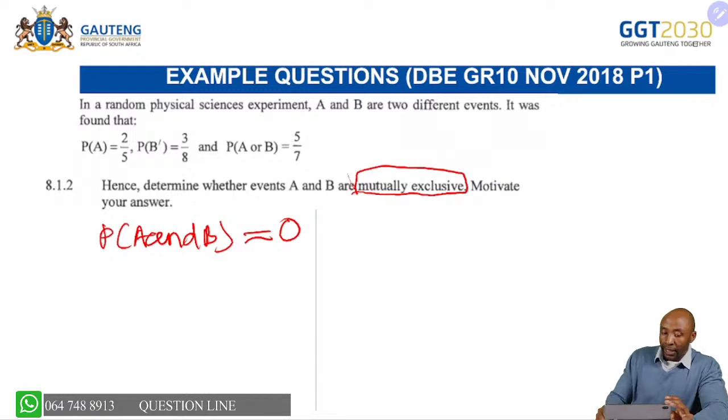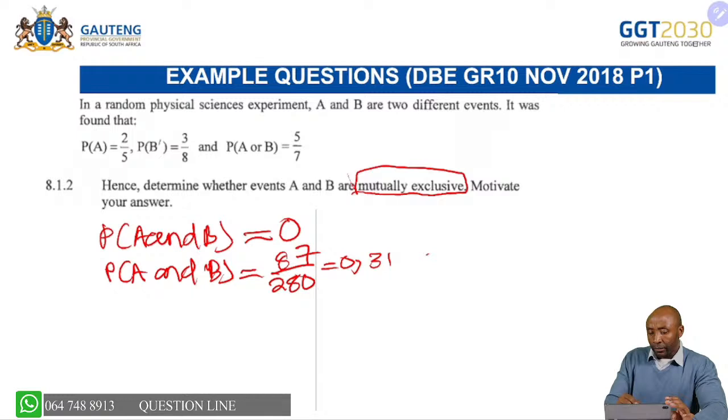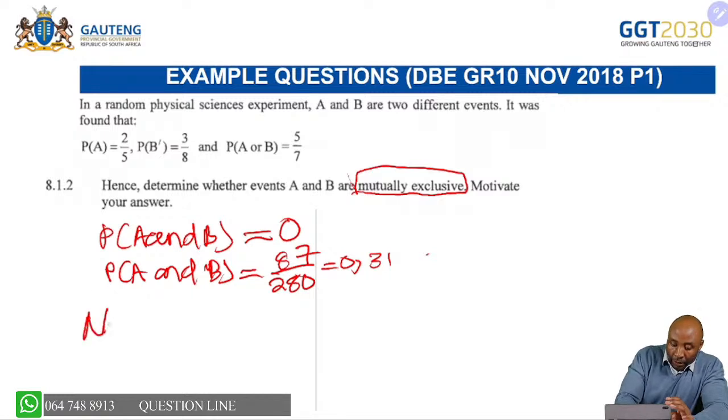But if you check now, we just calculated in 8.11b, we calculated the probability of A and B, and we got our answer as 87 over 280, which is 0.31 something. Now, so are the events A and B mutually exclusive? Our answer will be no.